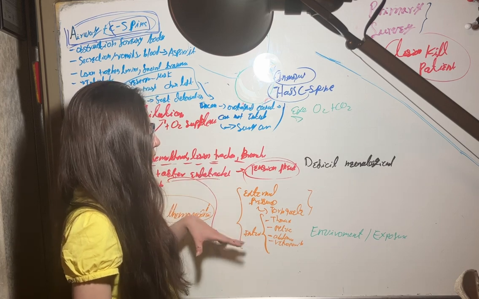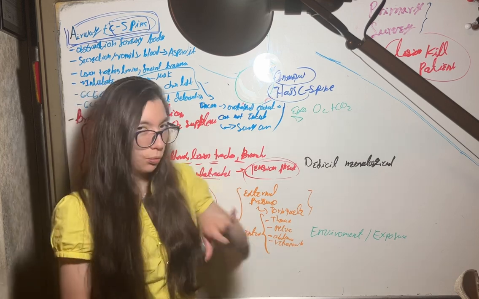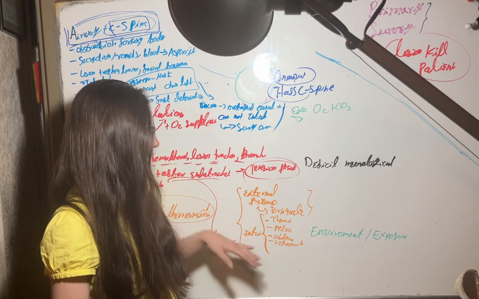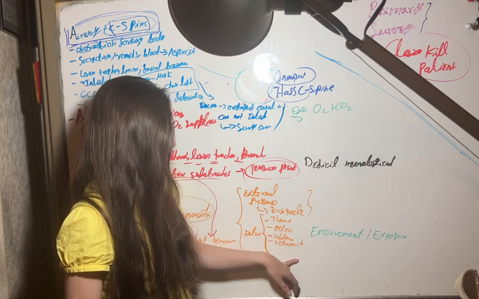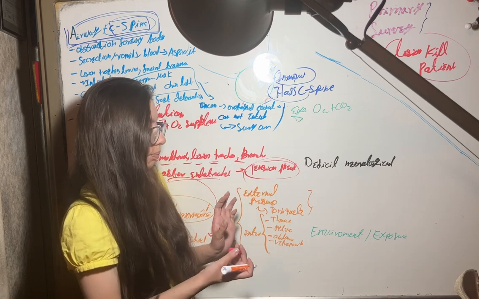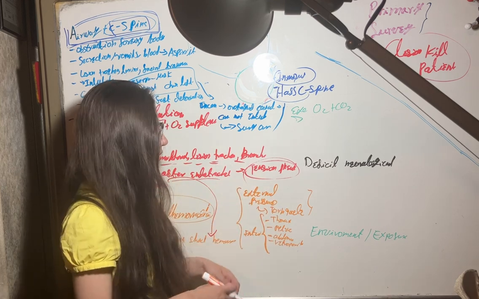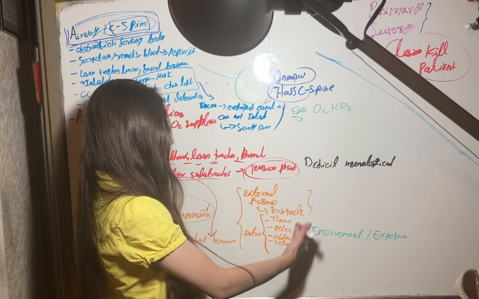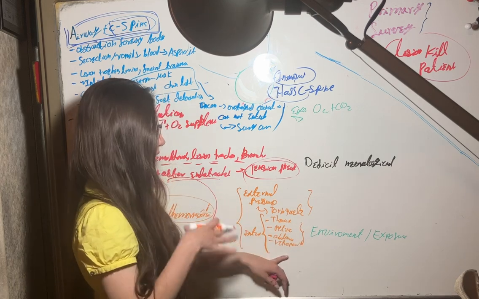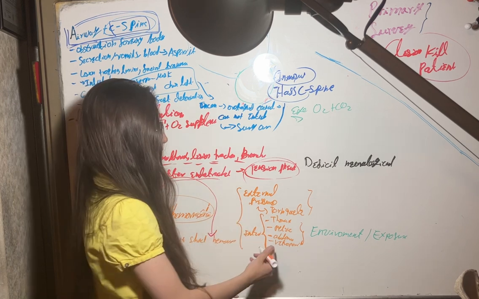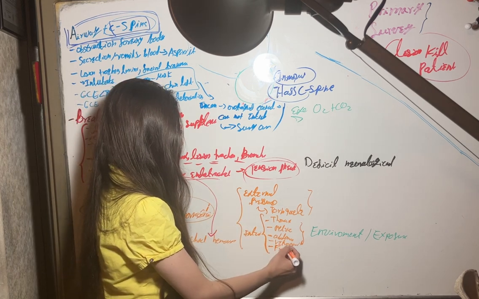So we have 3 spaces where blood can accumulate, which are the thorax, the abdomen, and the retroperitoneum. But at the level of the pelvis, we have some retroperitoneal structures.